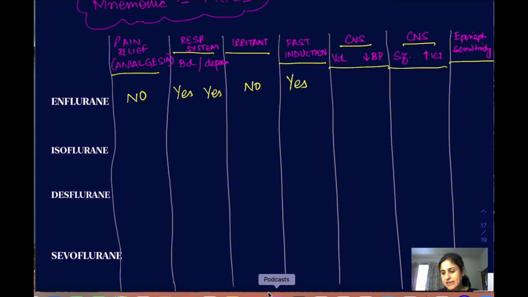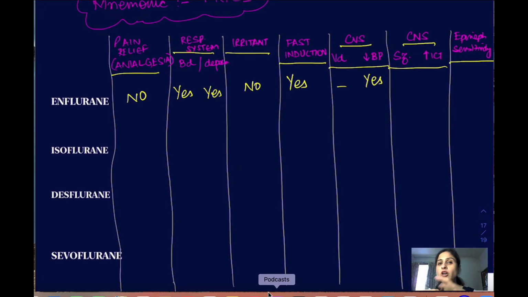Now, a decrease in BP is seen with most of the drugs, except for one I'll come to, but yes, it causes a depression of the CVS, so it will cause a decrease in BP. Vasodilatation is not much seen with this.